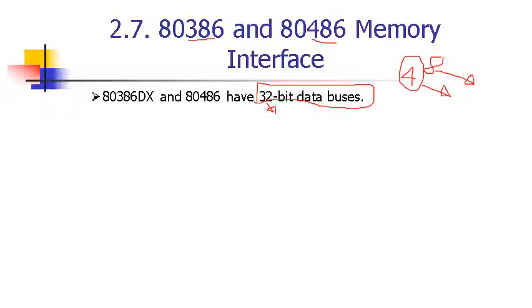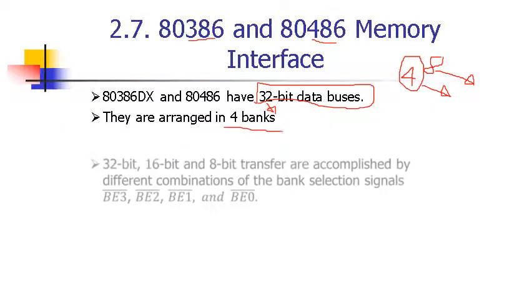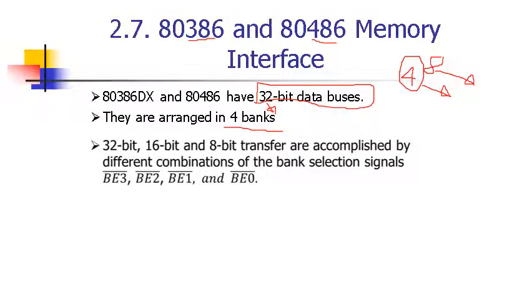When you divide the memory into 4 different banks, you can bring in 8 bits, 16 bits, or even 32 bits. Good. And doing so, you can bring in or send out 32 bits, 16 bits, or 8 bits at a time.